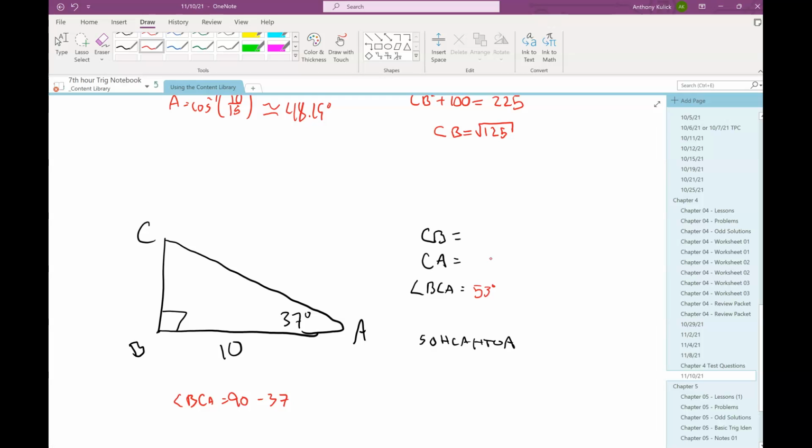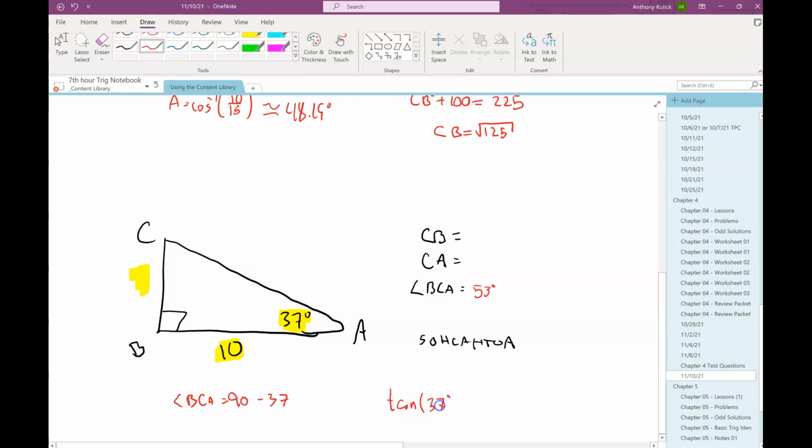Cool so far? Okay. Now let's say we want to find CB next. So relative to the angle we know, this is adjacent, and this side is opposite. So we should be using tangent.